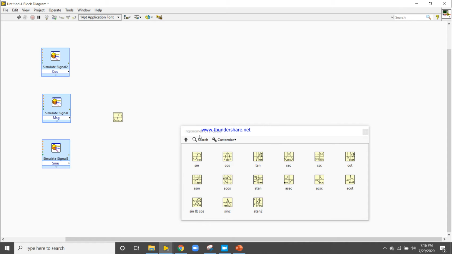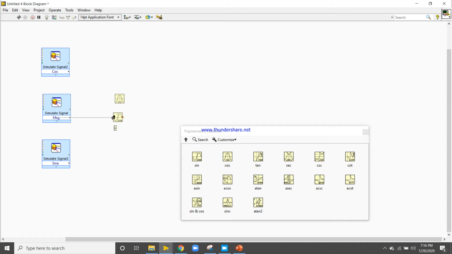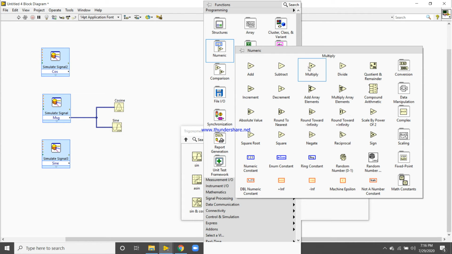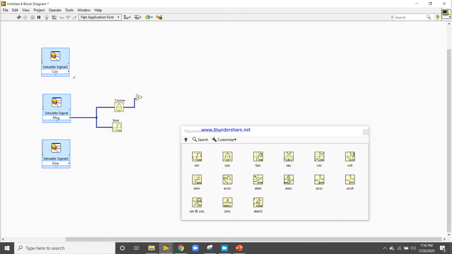Take a sine and take a cos. Let's try to connect. Now right click, take a multiplier, and multiply this cos signal with this cos which we have generated.